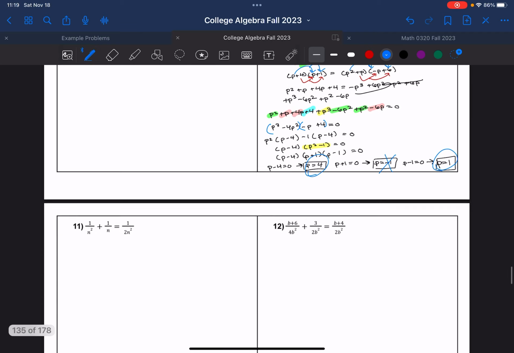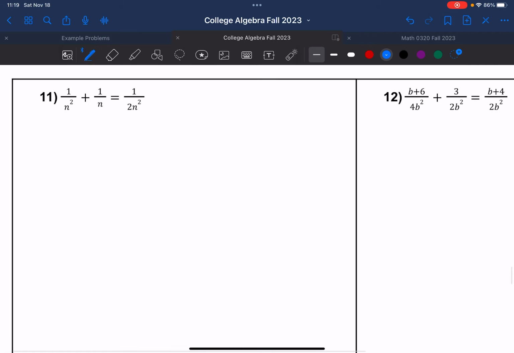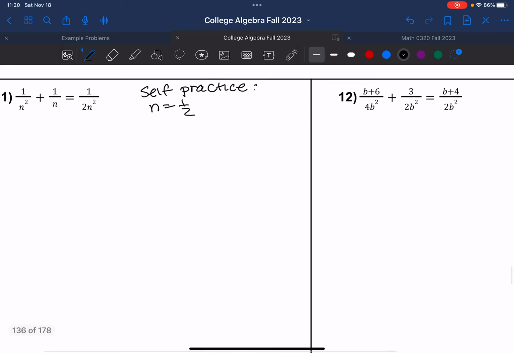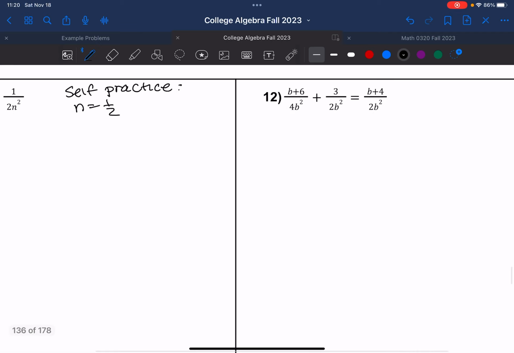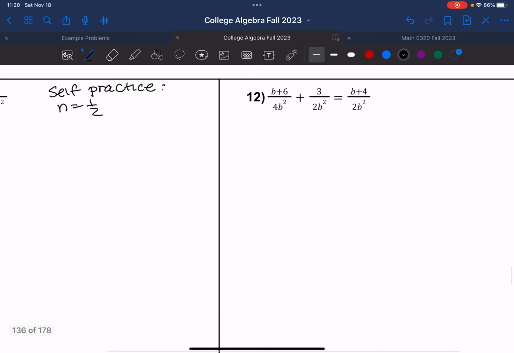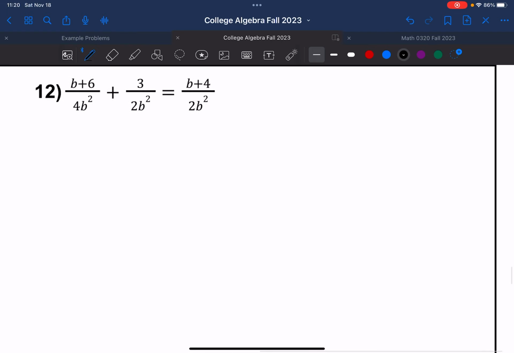Okay, I'm going to go ahead and leave 11 as self-practice. To check, you should get the answer n equals 1/2. Okay, let me see this one too. I'm going to go ahead and leave 12 as self-practice.